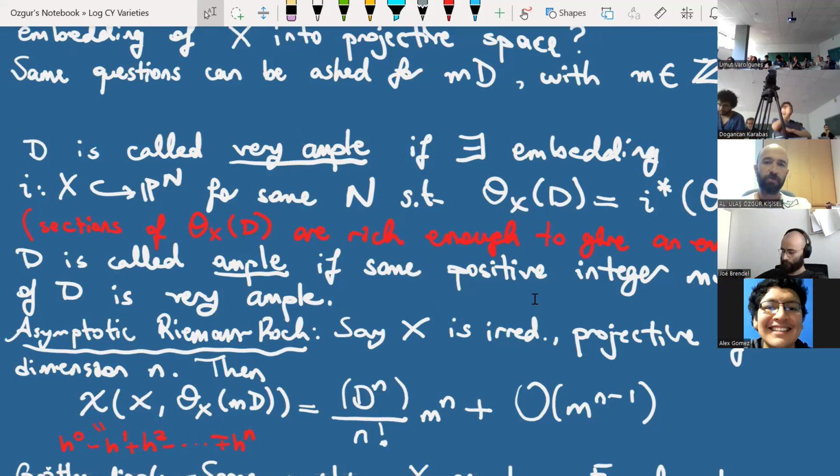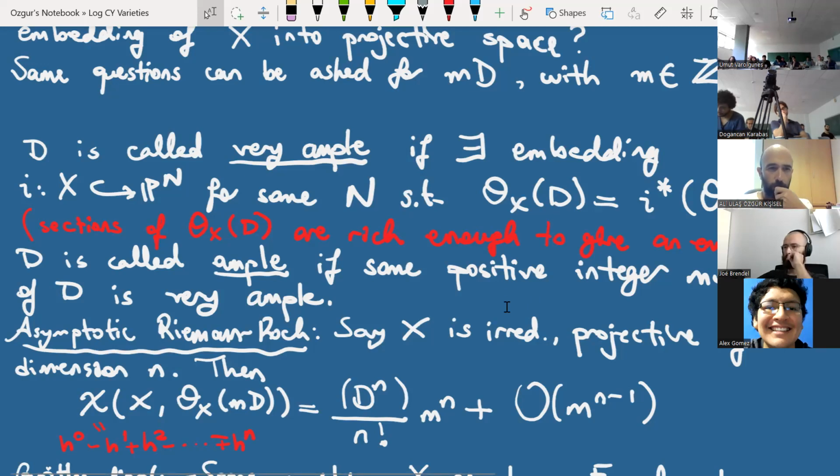D is called ample if some positive integer multiple of D is very ample. So the difference between the two is, I guess, analogous to, for example, looking at a submonoid of positive integers generated by numbers 3 and 5, which would be a nice submonoid, but it's a little bit harder to understand compared to all positive integers, whereas ample would be like looking at all positive integers. So it's the difference between a non-saturated monoid and a saturated monoid, essentially.